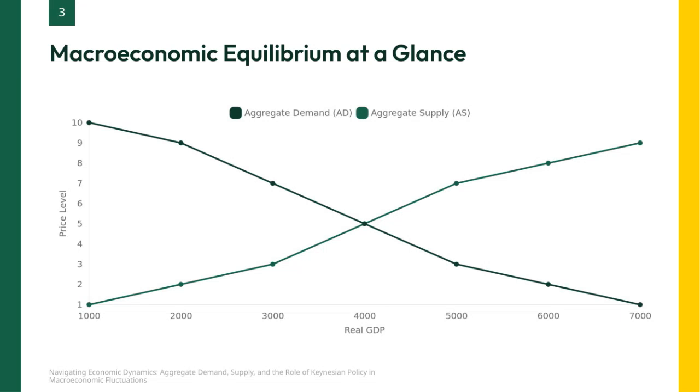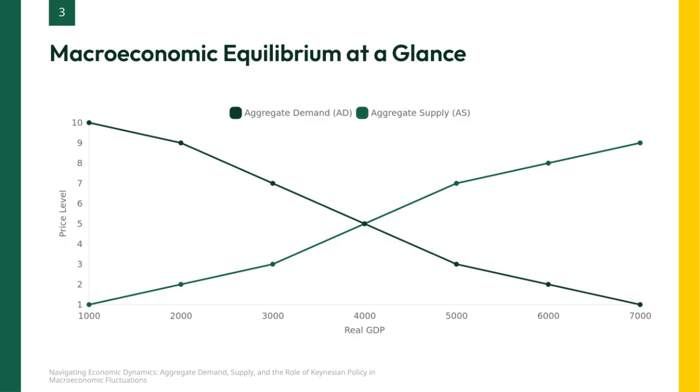Here we have a line chart that illustrates the concept of macroeconomic equilibrium by showing the relationship between aggregate demand and aggregate supply across different levels of real GDP. On the horizontal axis, we measure real GDP, which reflects the total output of the economy, while the vertical axis represents the price level.